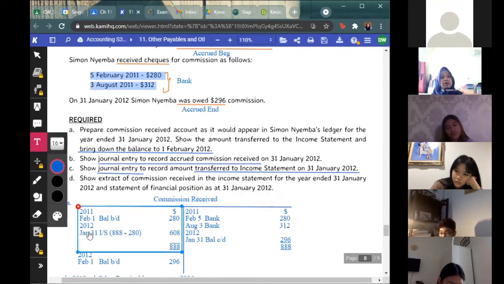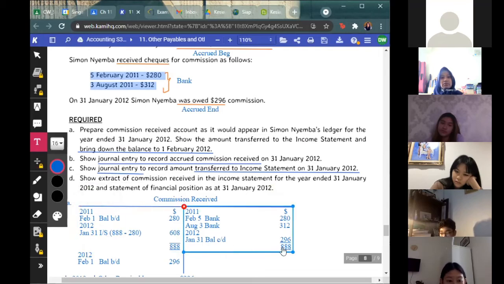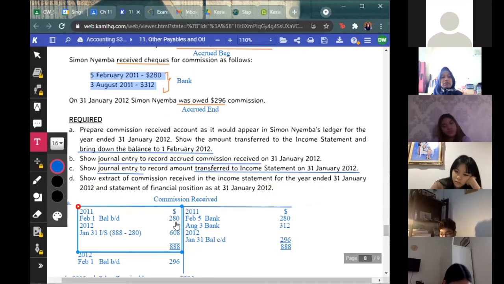And then I do have missing information of IS over here, on the date at the end of the accounting period, which is 2012, January 31. How to find my IS? The IS will be the total of the credit side, 888, minus 280.